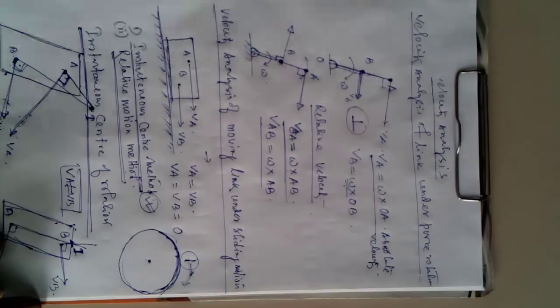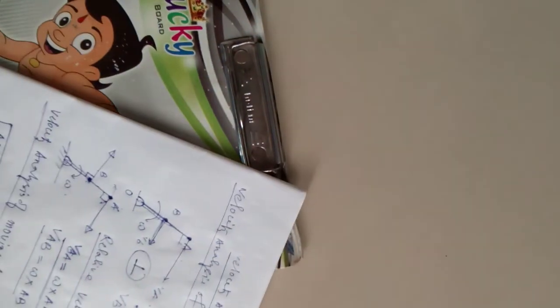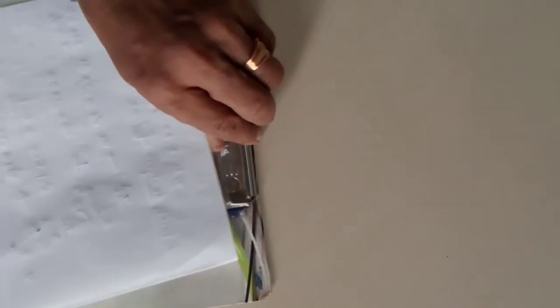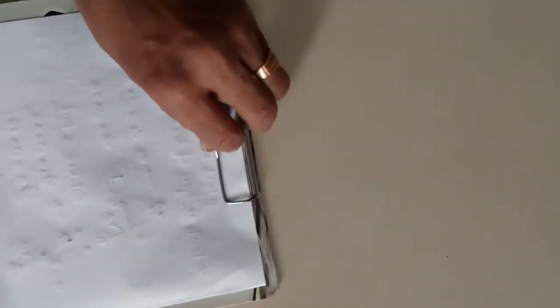Okay, suppose VA and VB are parallel to each other.